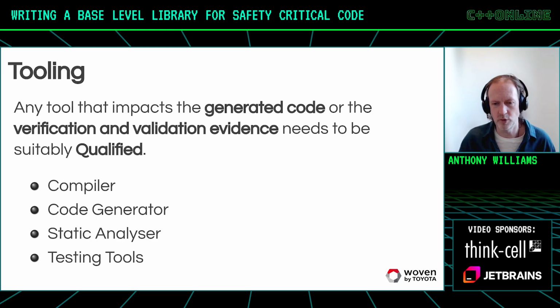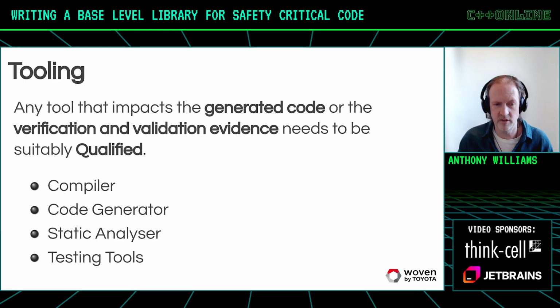Testing tools and static analysis require much less detailed qualification than the compiler or code generator would, because they don't affect what the code actually does. They're just about checking and generating the evidence. That has less consequence, but it's still important that you've gone through the process and things have been suitably qualified.